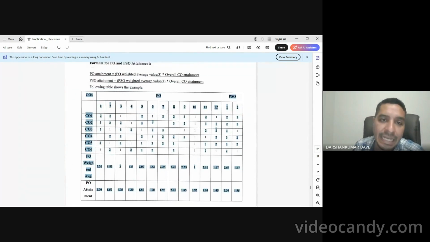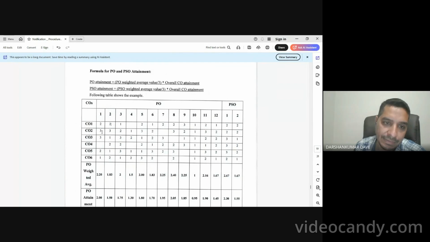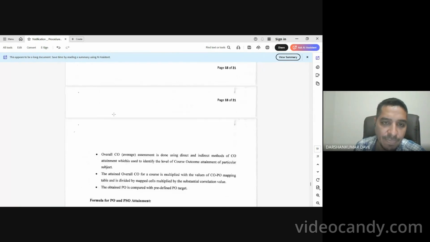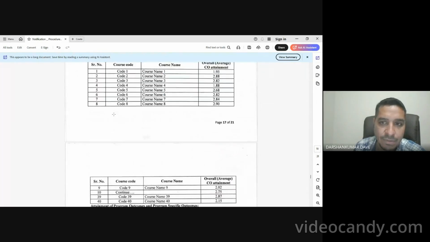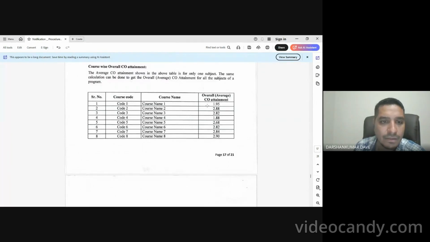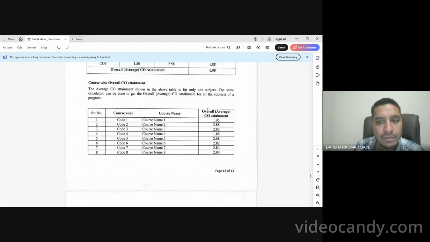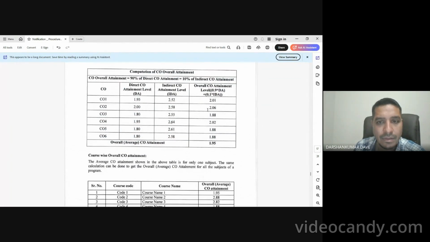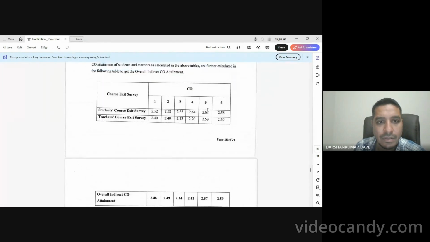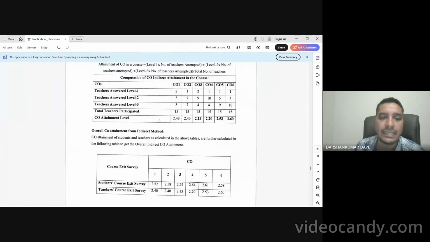Now, the attainment level is to be written here. So program 1 was attained with 2, and that weightage is given, weighted average. Look, this average is similar to this one.